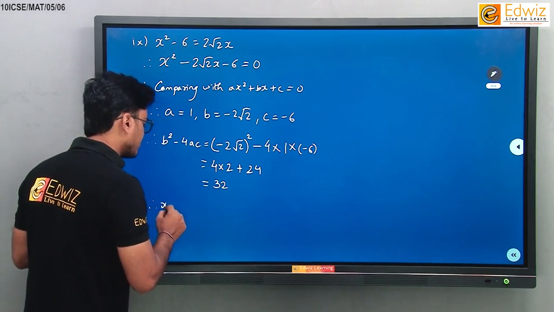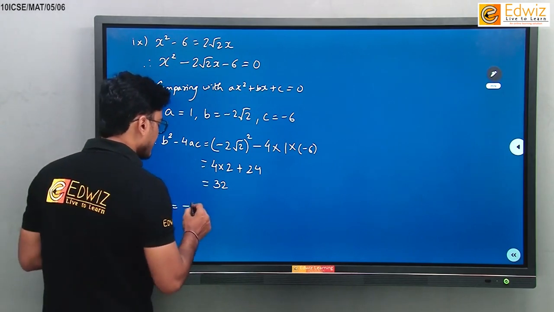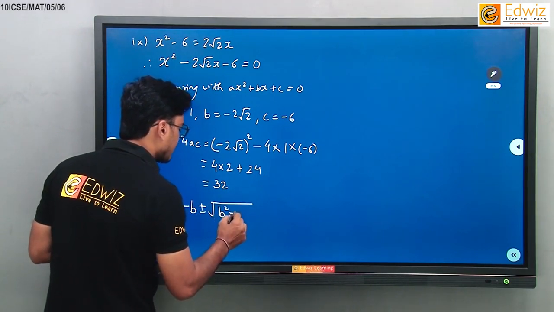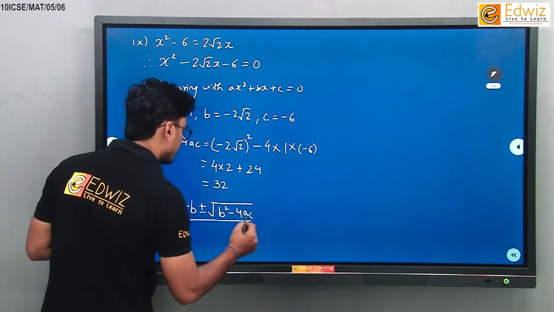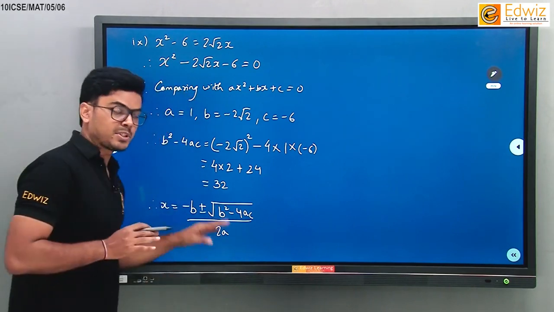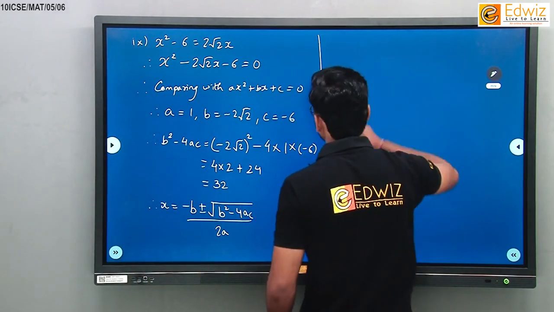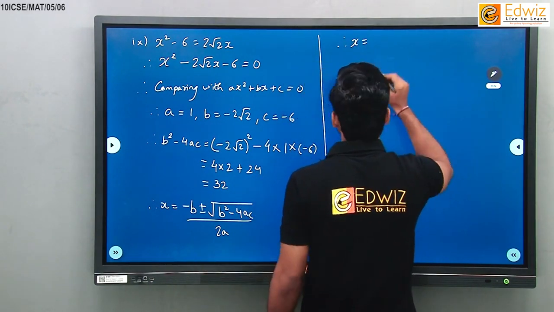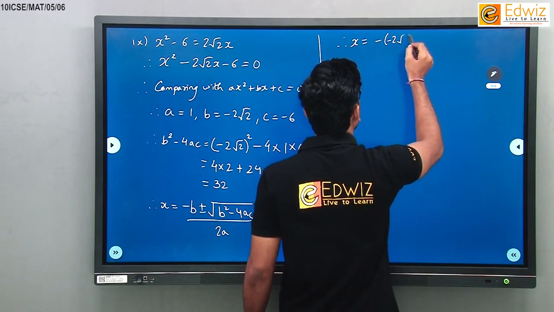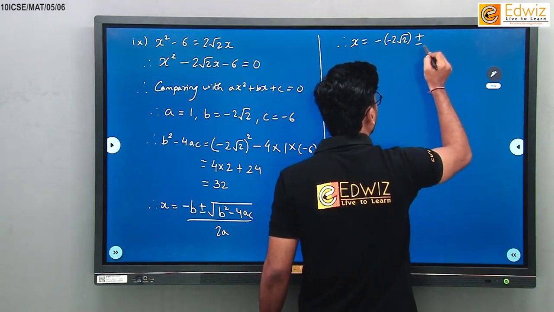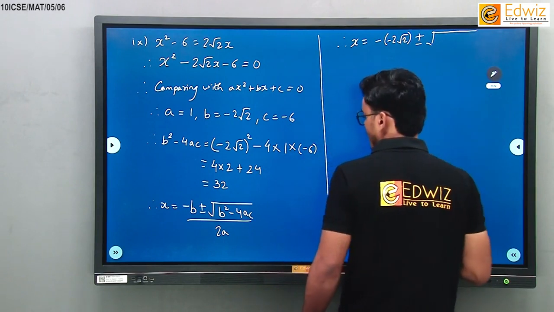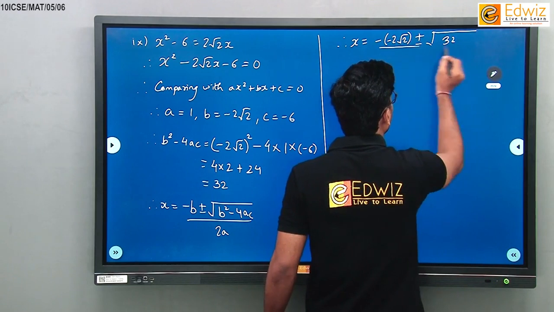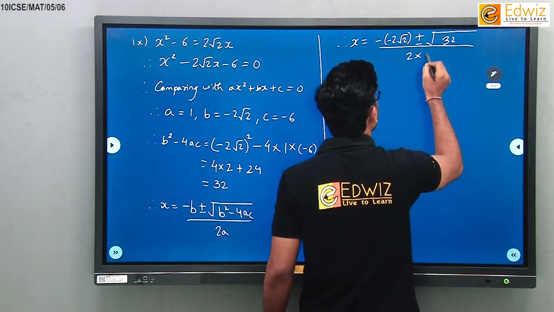So the value of x using the formula is minus b plus or minus square root of b square minus 4ac, divided by 2a. Substitute the values of a, b and c. X will be equal to minus b, that is minus of minus 2 root 2, plus or minus square root of b square minus 4ac, that is 32, divided by 2 times a, that is 2 into 1.